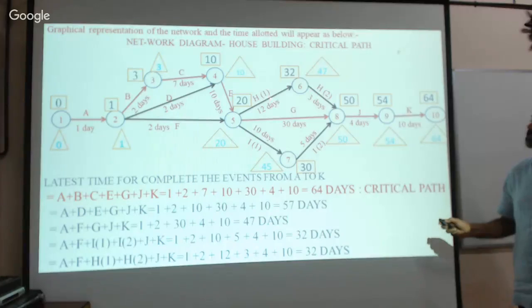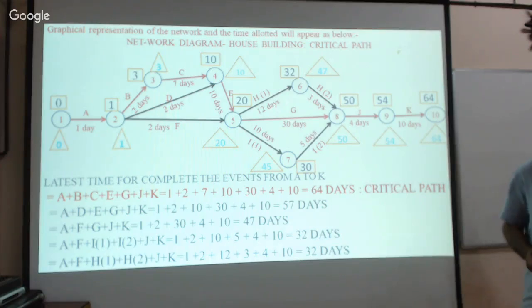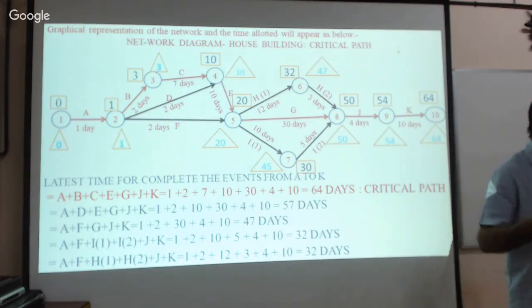To complete these two events, the H event, the time required is 15 days. Time available is 30 days. Therefore, how much bonus are you going to get? Extra time is available. That extra time, the project engineer can take and decide when it is to be started and when it is to be completed.